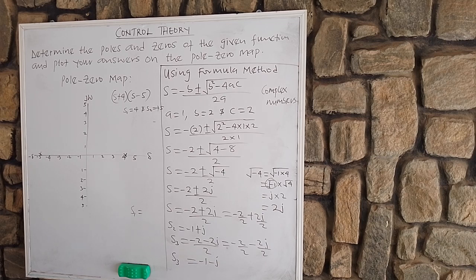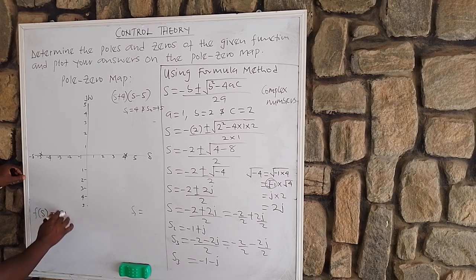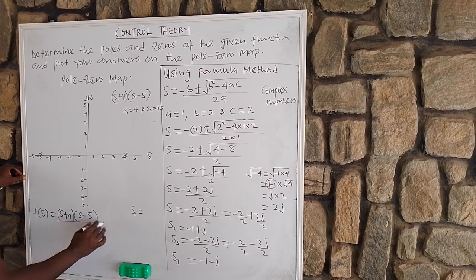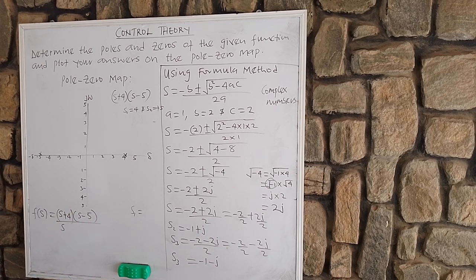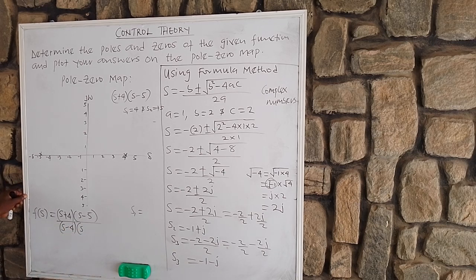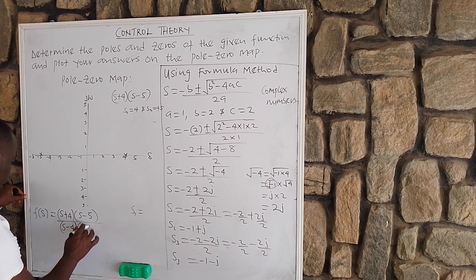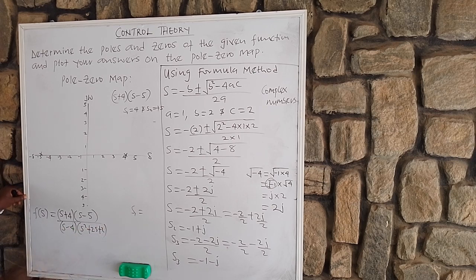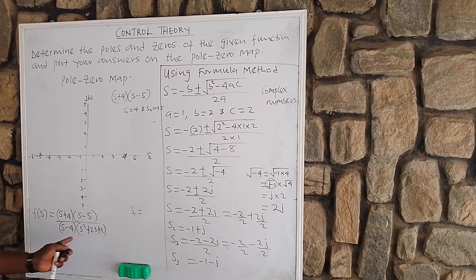Okay, let me just rewrite it. Here is the function: s minus 5 all over s minus 4 times s squared plus 2s plus 2. I think this is the function.